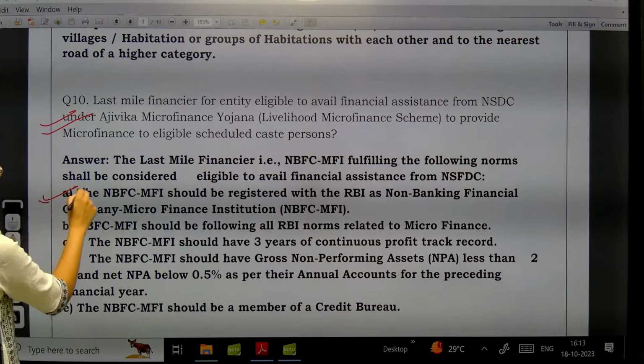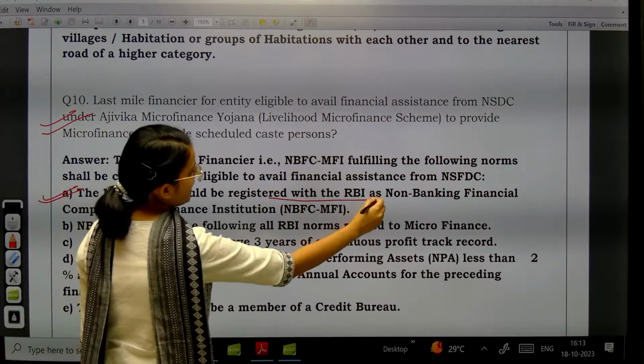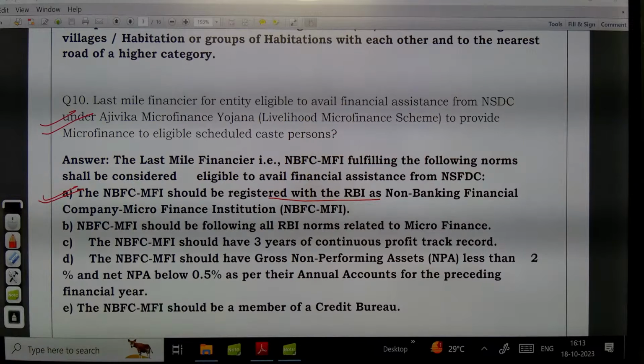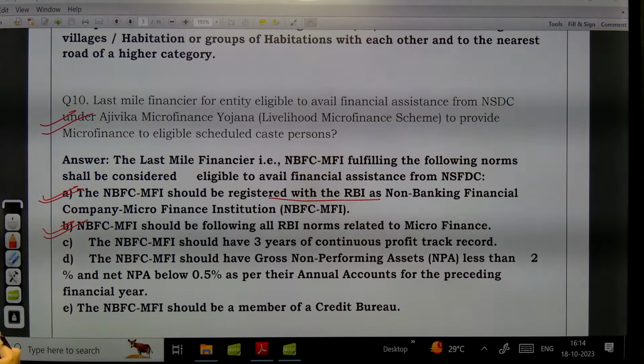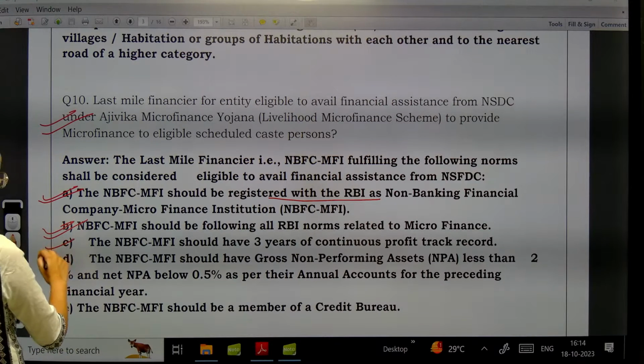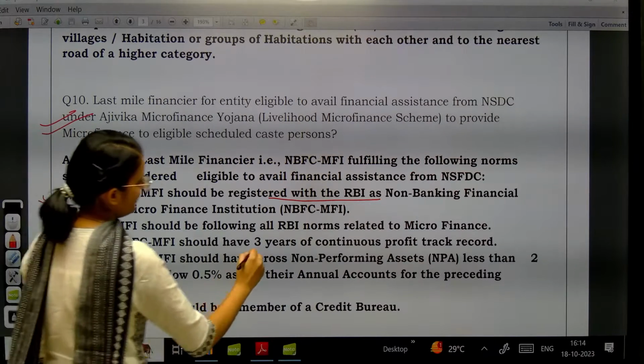Now some details about NBFC and MFI. It should be registered with the RBI as a non-banking finance company, microfinance institution. Second condition is that it should fulfill the norms of RBI related to microfinance. Third, NBFC MFI should have 3 years of continuous profit track record.